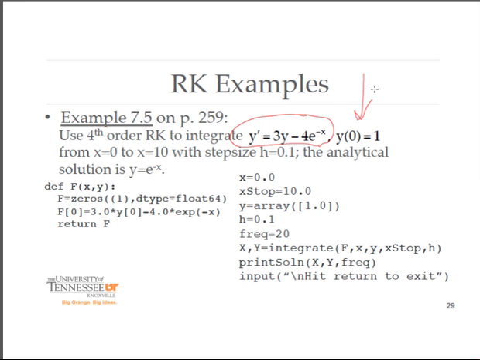Keep in mind, we use initial conditions to pick out a particular solution because there are many solutions that differ by a constant that satisfy that differential equation, and that particular initial condition picks one out. You're interested in integrating from 0 to 10, and the step is 1/10. And amazingly enough, the actual analytical solution for this particular IVP is just y equals e to the minus x.